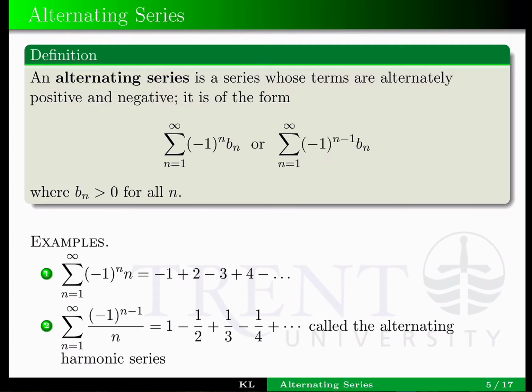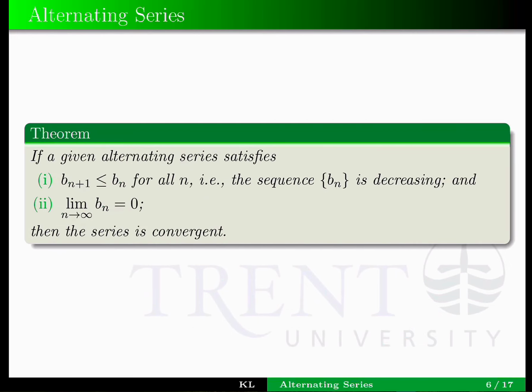Now, in order to determine whether an alternating series is convergent or divergent, there is a very simple way. We call this the alternating series test. So what is this? You are given an alternating series, either the sum of negative 1 to the n bn, n equals 1 to plus infinity, or the sum of negative 1 to the n minus 1 bn, n equals 1 to plus infinity, where bn is greater than or equal to 0 for all n.